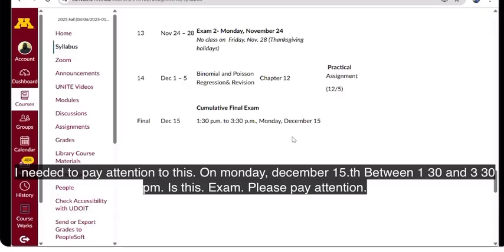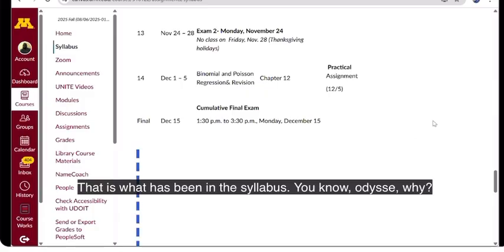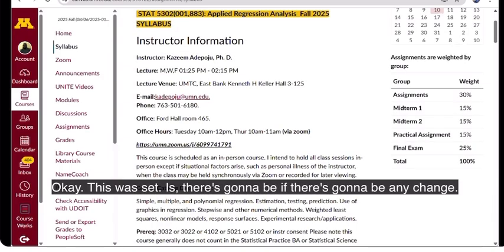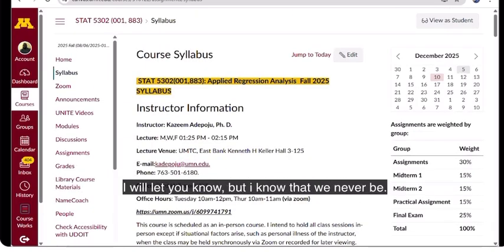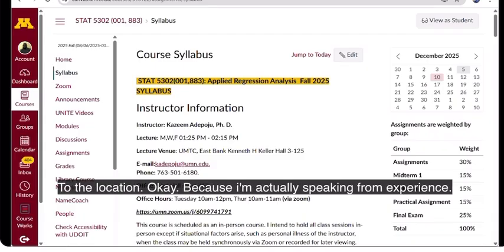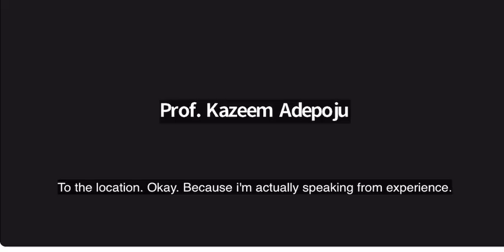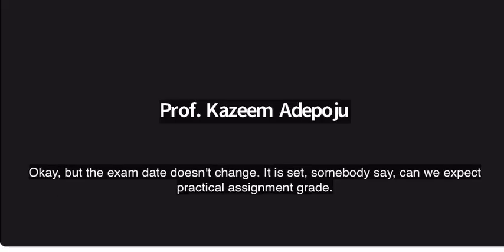That is what has been in the syllabus all this while. If there's going to be any change, I will let you know. But I know there's not going to be a change to the date. There can only be a change to the venue, because I'm speaking from experience. The exam date doesn't change.